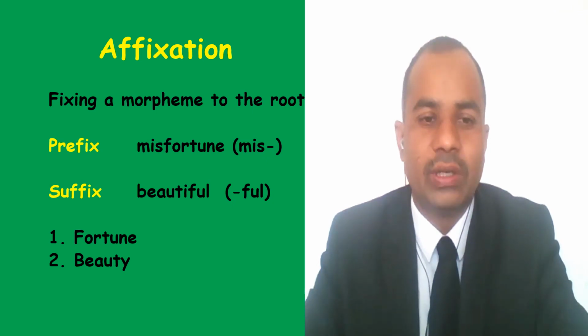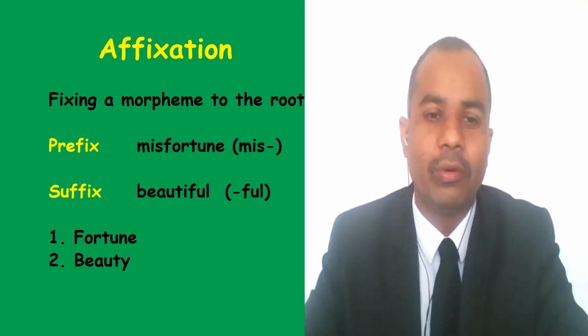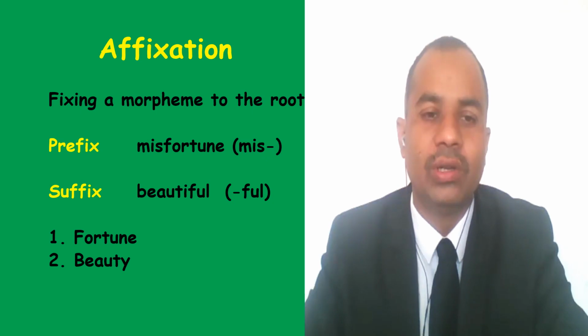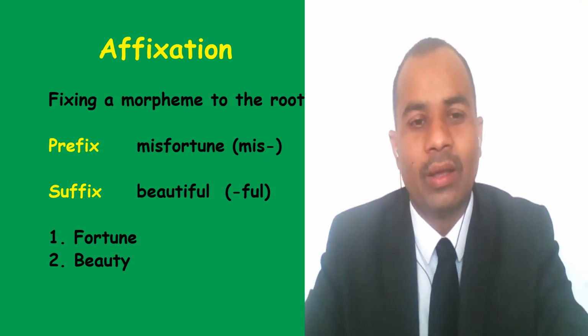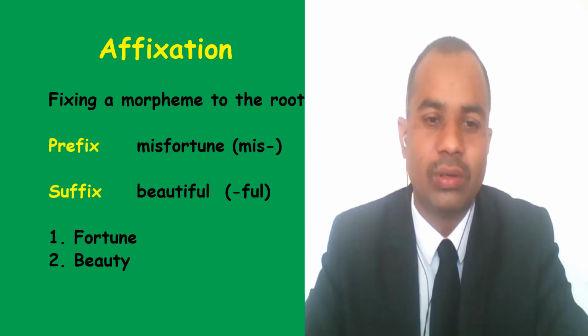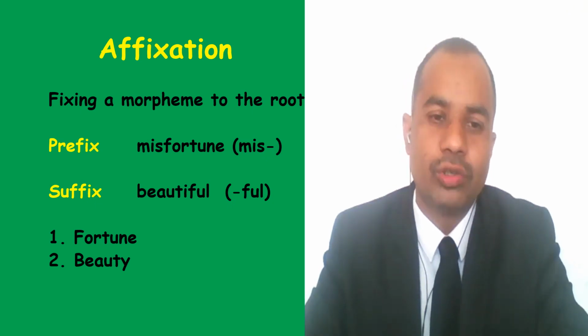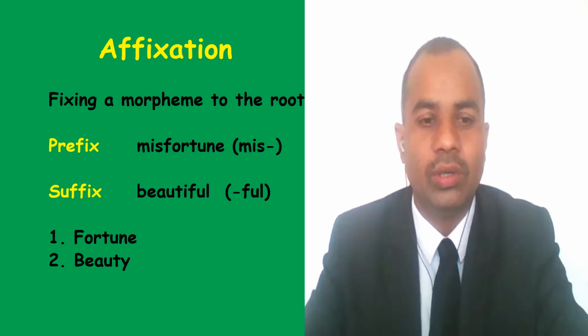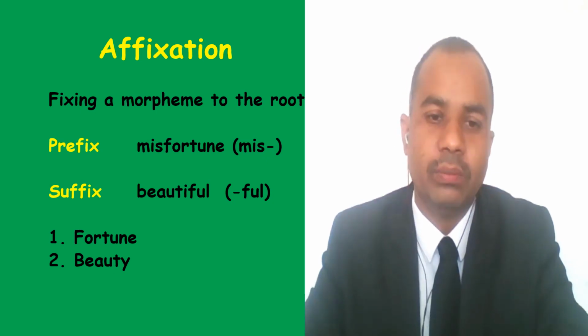The next one is beautiful. Here we have beauty as a root word and we added something like ful after the root word, so it's a suffix. So we can make misfortune from fortune, and beautiful and other words from the root word beauty, by adding suffixes.